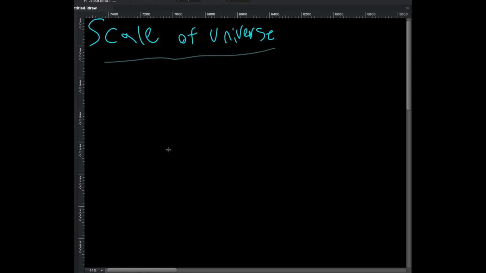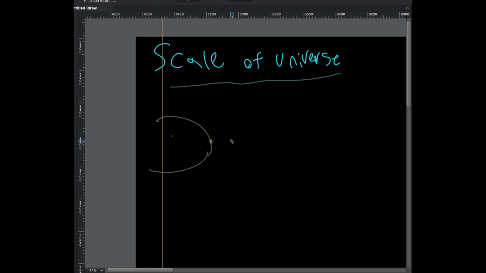Start off with Pluto. So let's see. The sun would be probably a speck by now. And the Kuiper Belt might be around here. And Pluto might be around here. Wait, what? What is that?